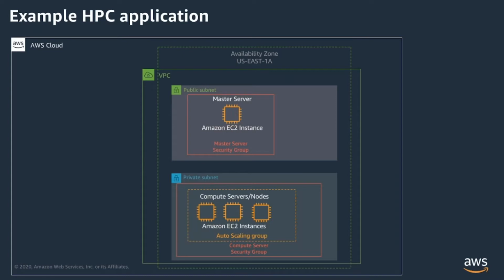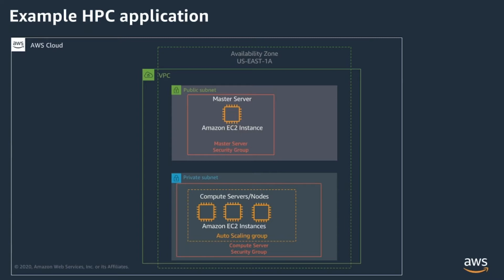On this slide, I try to create an example of an HPC cluster diagram. For the purpose of simplicity, I've considered it in a single AZ or availability zone. Basically, what I have here is a VPC with 2 subnets, a public subnet and a private subnet.